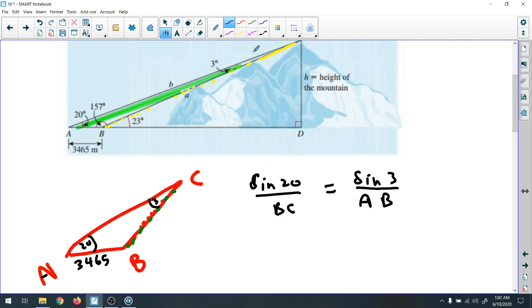Let's plug in all the numbers. Sine of 20 divided by BC. BC is my question here, we're looking for BC. And then sine of 3 divided by AB. AB is given, which is 3,465.